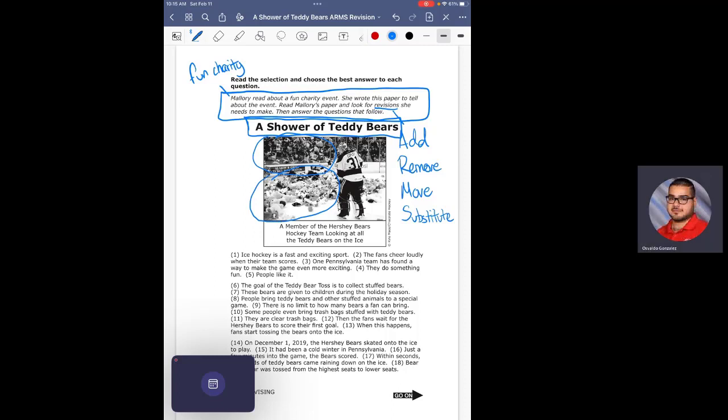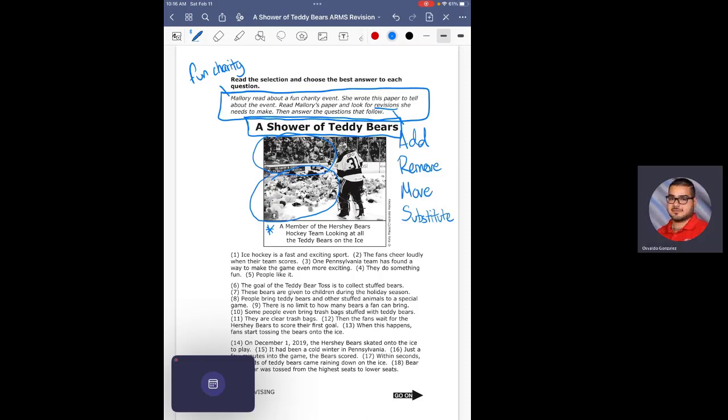And here in the text right under the picture, it says a member of the Hershey's Bears hockey team looking at all the teddy bears on the ice. This is going to help us with our central idea: the introductory paragraph, the title, pictures, and this text feature right here.